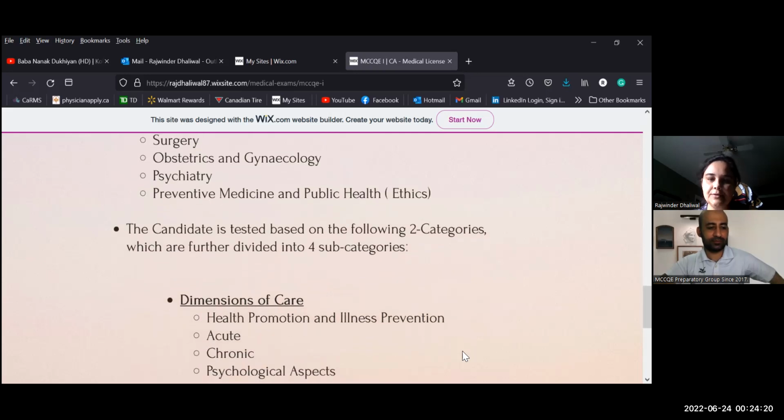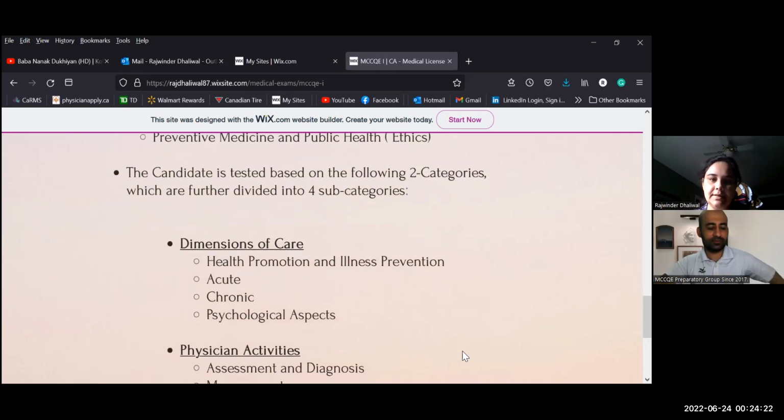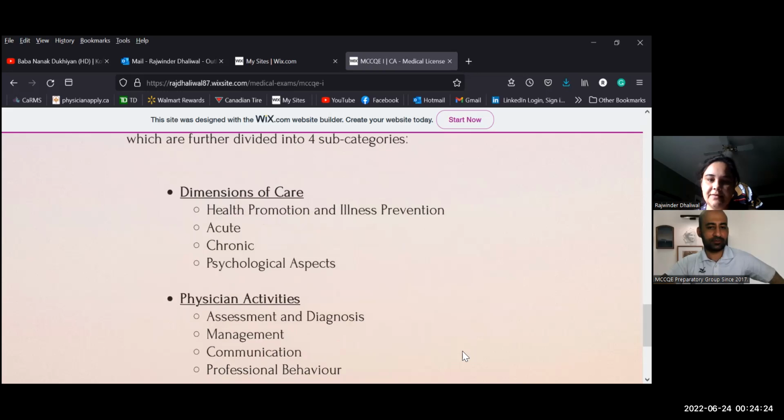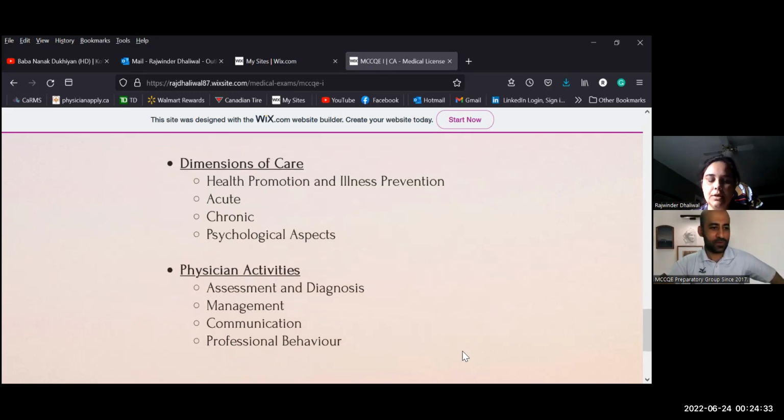So the exams are usually divided into two categories. One is dimension of care, and the second one is physicians' activities. Each of these two categories is further divided into four categories. So it could be health promotion and illness prevention, acute care, chronic care, and psychological aspects. And physicians' activities could be assessment, diagnosis, management, communication, and professional behavior.